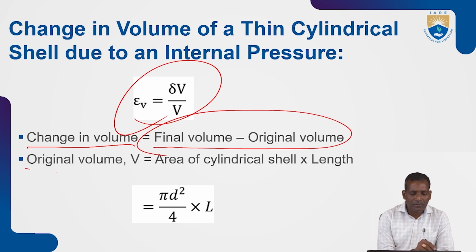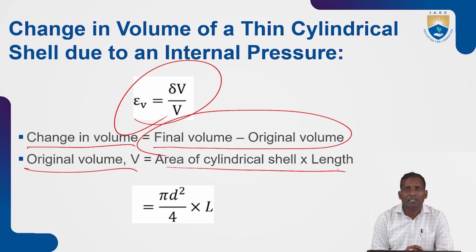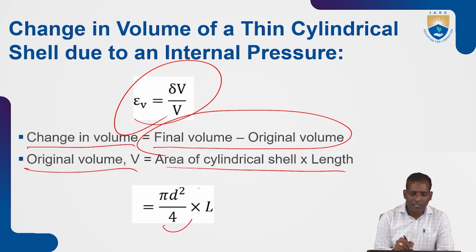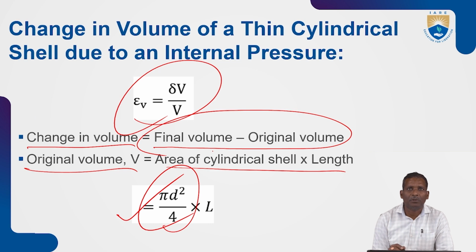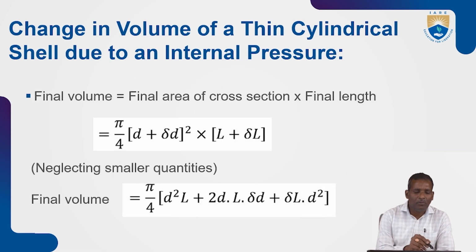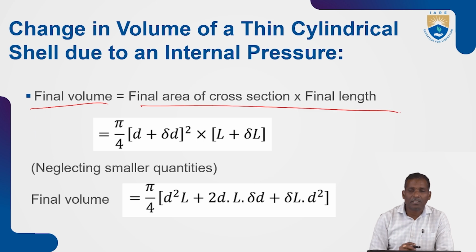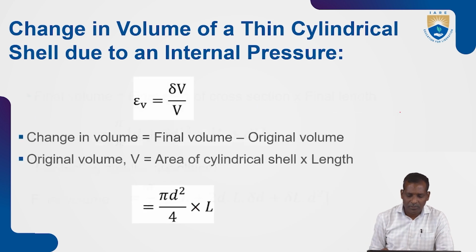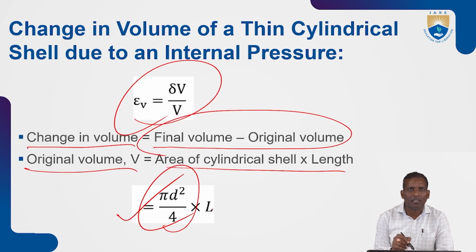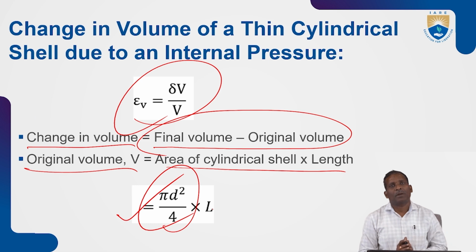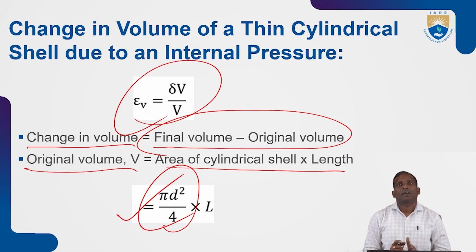The original volume V is the area of the cylindrical shell into length. The area of the cylindrical shell is pi by 4 d square, into length L. So initially, pi by 4 d square into L gives the original volume.